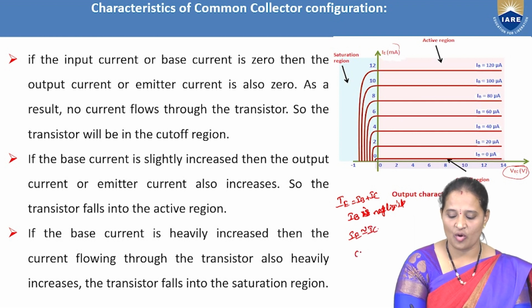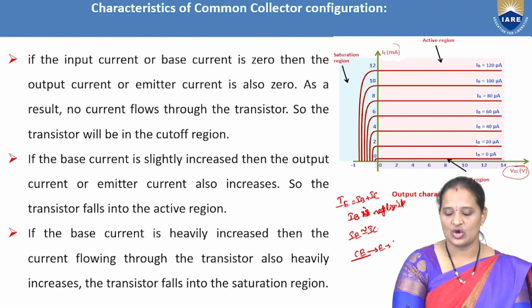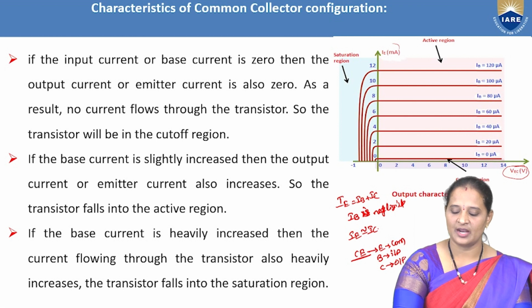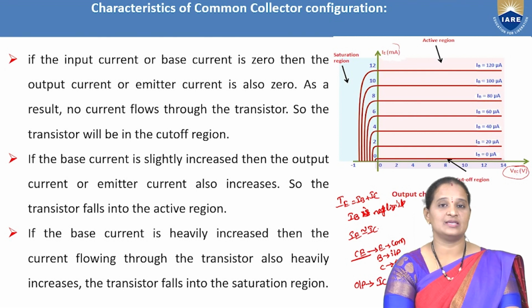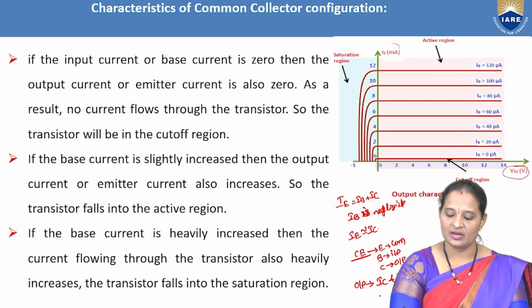Now in case of common emitter configuration, what are the characteristics? Emitter is common, base is the input terminal and collector is the output terminal, right? So in that case, what are the output parameters? The output parameters are IC and VCE. Here in this case, IC is approximately equal to IE.